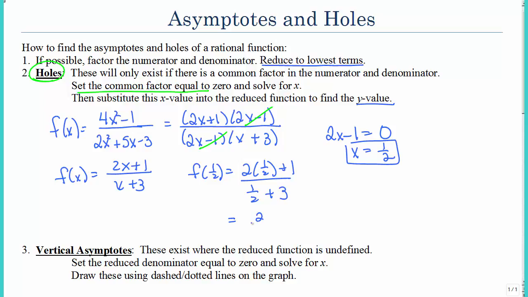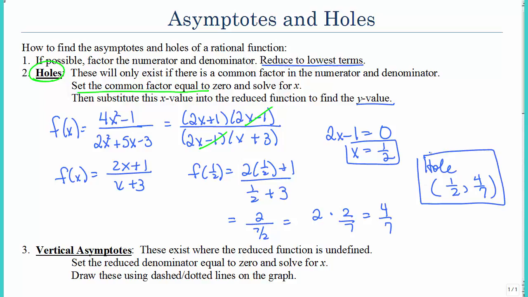So let's see, that's going to be 2 over 3.5, and 3.5 is 7/2. So that would be 2 times 2 over 7, which would be 4/7. So our hole is going to exist on the graph when x is 1/2 and y is 4/7.